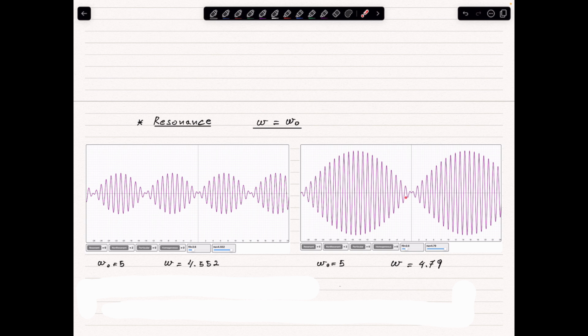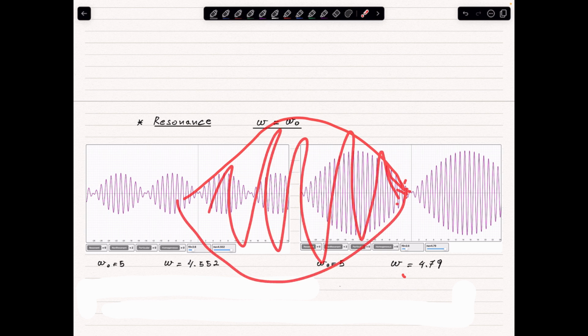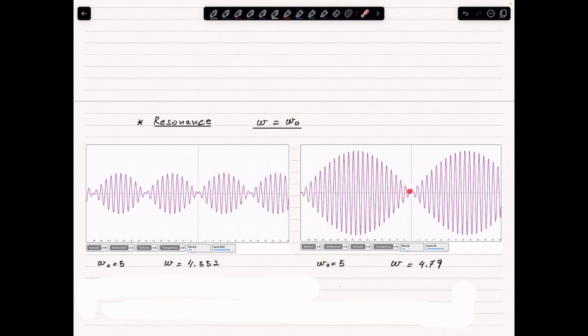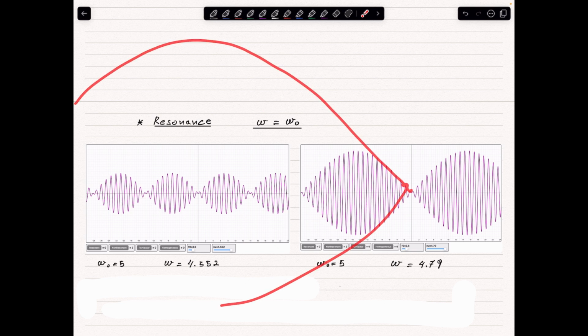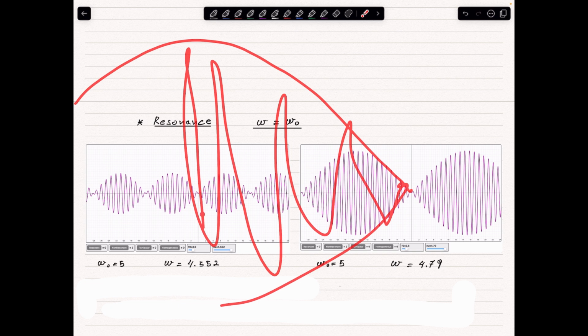So it's going to be something like this, or even closer, something like that. But notice that the amplitude starts to diverge here.